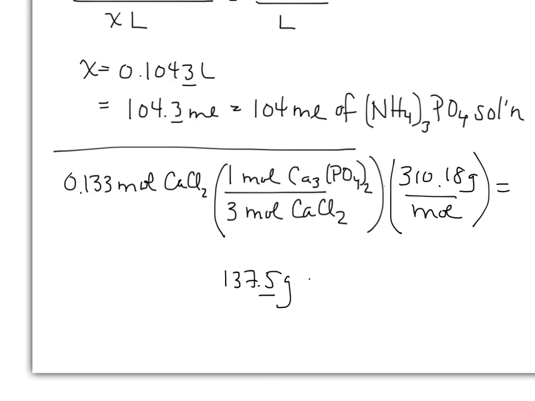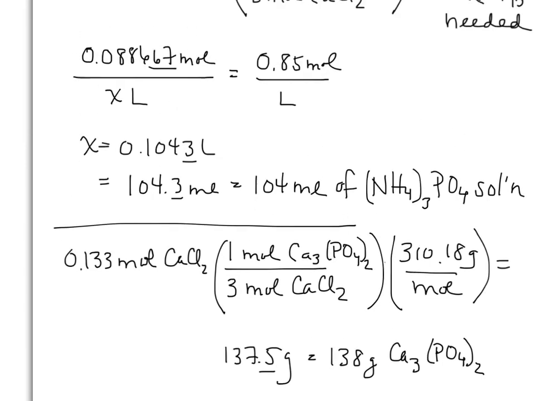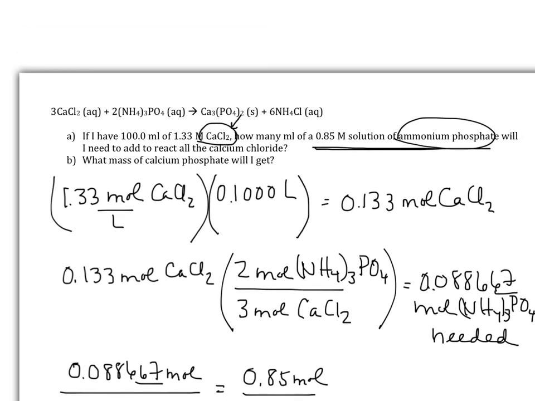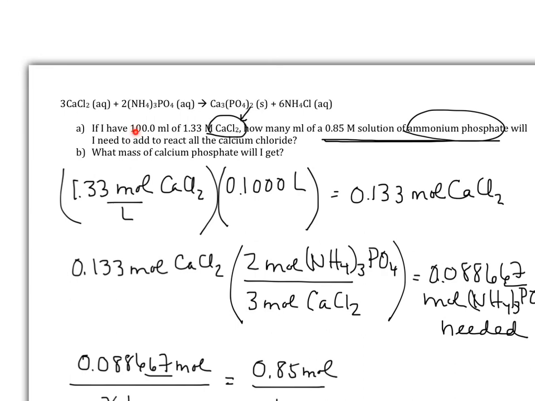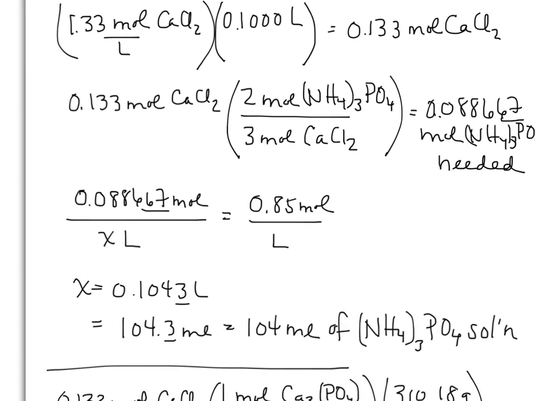Rounded to the right number of sig figs is 138 grams of Ca3(PO4)2. So what we're saying is, this is the mass that we would produce if we combined this volume of that, and the additional 104 milliliters of our other reactant.